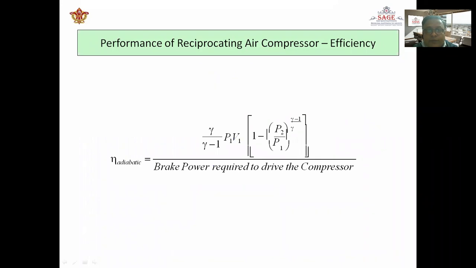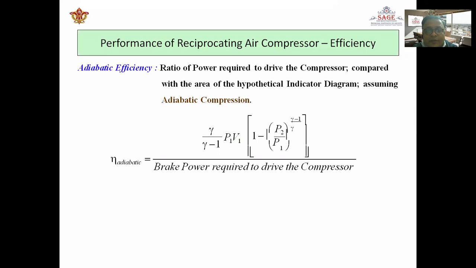For the performance of the reciprocating air compressor, just like efficiency, there is adiabatic efficiency. The power required to drive the compressor is compared with the area of the hypothetical indicator diagram, assuming adiabatic compression; that adiabatic work done compared to the brake power required to drive the compressor, where gamma is replaced by n.